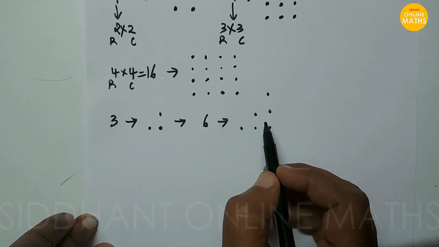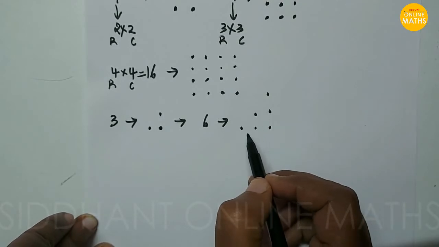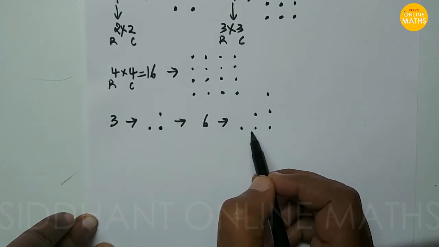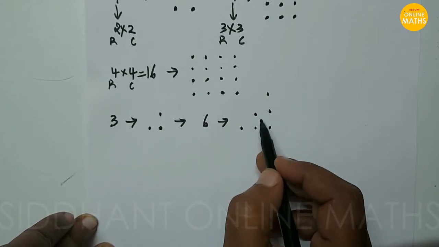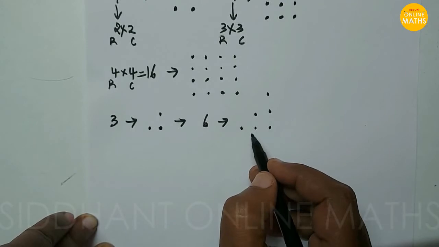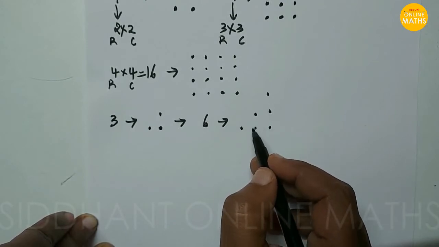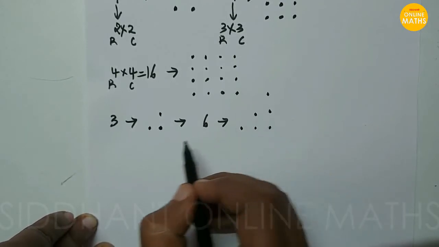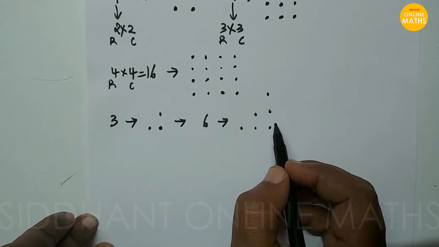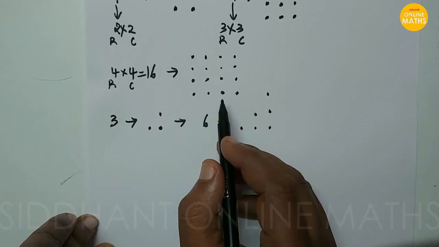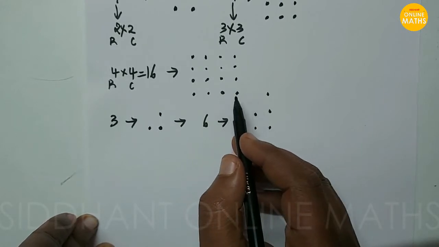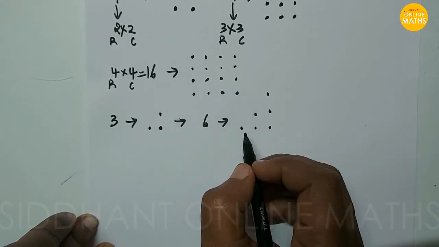So we can say as the number is more, it is in an order, from top to bottom the dots are increasing, or from bottom to top you can say the dots are decreasing here. So in this way we see some pattern here, like in the square we see rows and columns are equal, and in a rectangle we see rows and columns are not equal. So like this we can understand the pattern of the particular shape here.